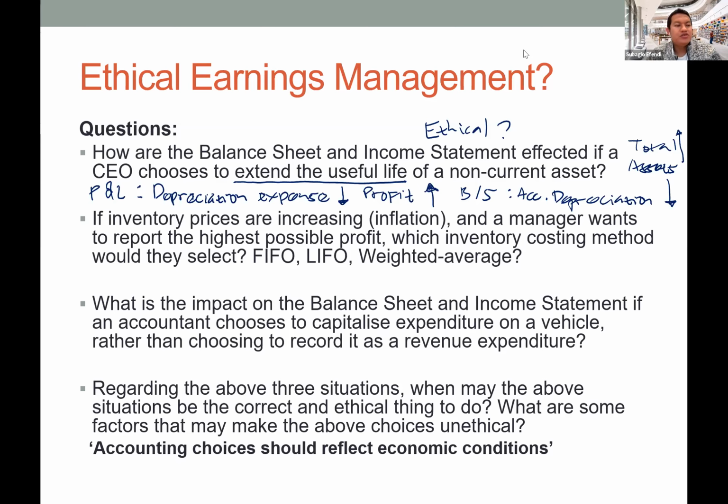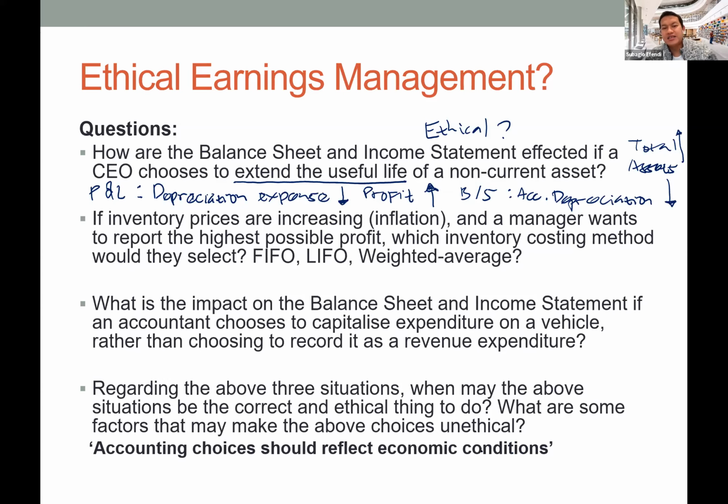So the general principle that we should remember when we evaluate whether certain accounting policies or accounting choices are ethical or unethical is this one. The accounting choices should reflect the economic conditions. Any accounting choices or accounting policies should reflect the underlying economic conditions.